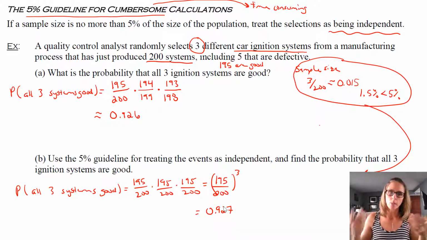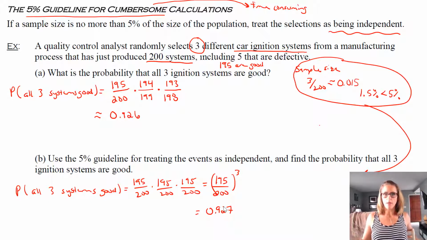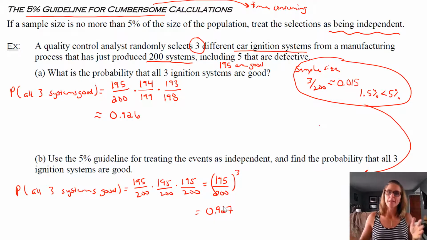And you might say, well, I don't mind doing the way that we see in part A, that's fine. But if I said, oh, we have 2,000 systems and we're going to test 50 of them. Well, thinking about that, that would create 50 fractions, which is a ton of fractions, and you'd hate it.